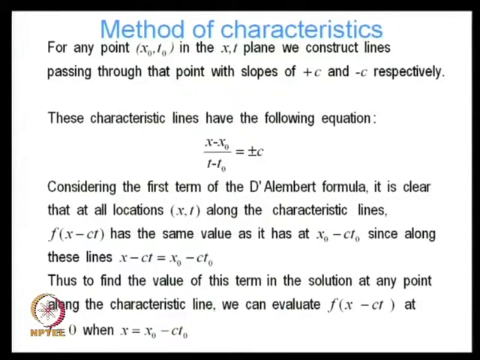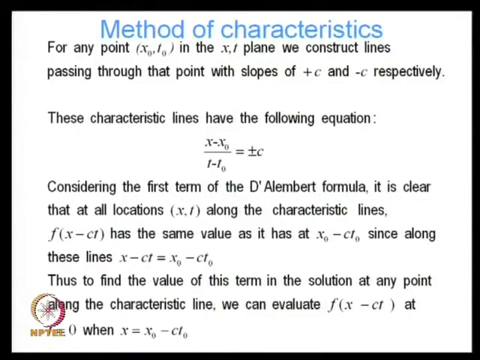These characteristic lines have the following equations: x minus x0 by t minus t0 is equal to plus c and minus c. So, one equation is x minus x0 by t minus t0 equal to c, the other is x minus x0 by t minus t0 equal to minus c.